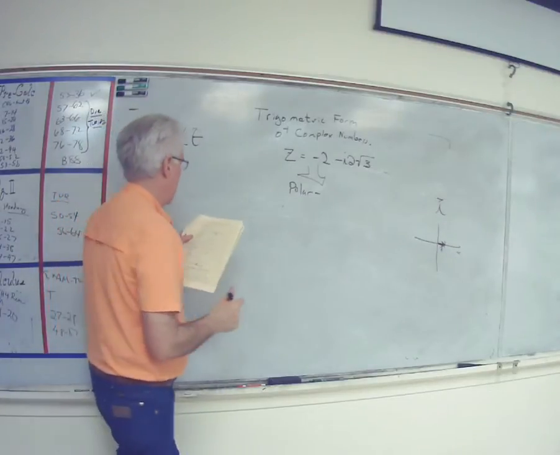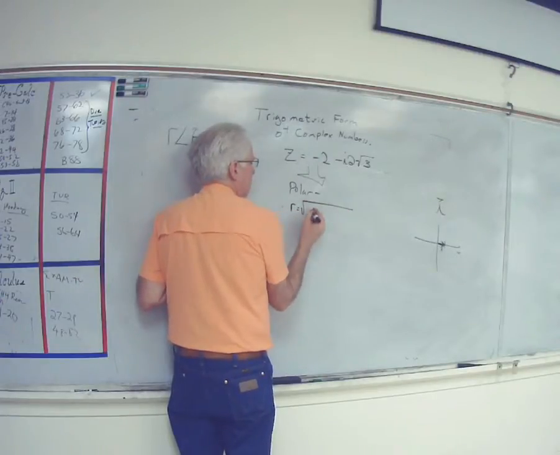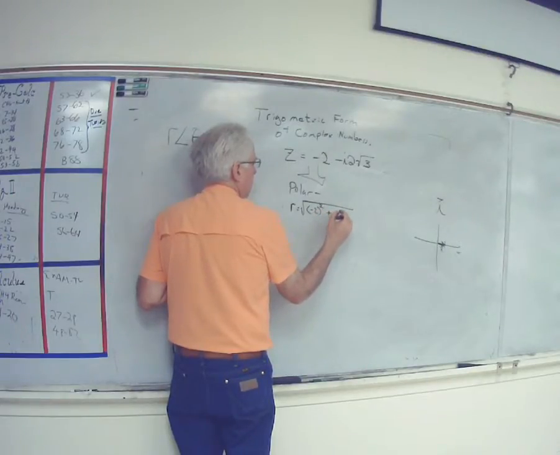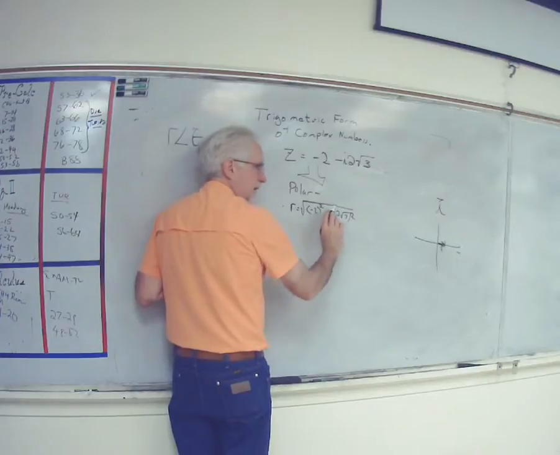You should find R. R is equal to the square root of what? A squared plus B squared. And what's A? Negative 2. Negative 2 squared plus 2 on the square root of 3 squared. Right, it's the part multiplied by i. Don't put i in here.